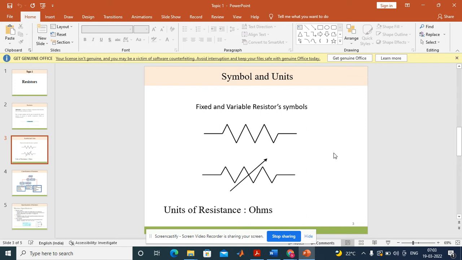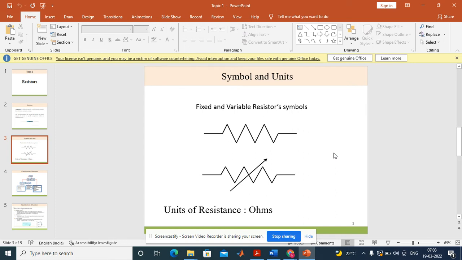So based on the applications, where we need a fixed value of resistance, we can use a fixed resistor, and where we need variable values of resistance, we can go for a variable resistor.